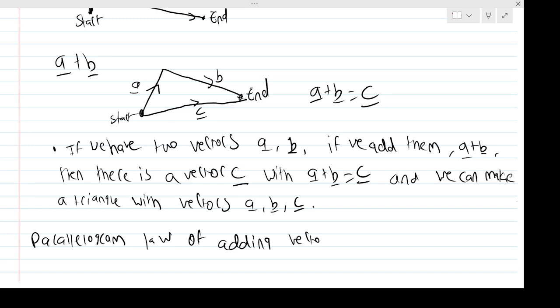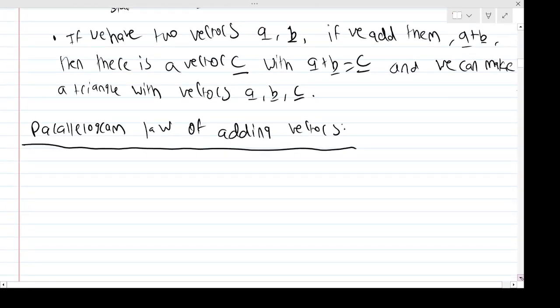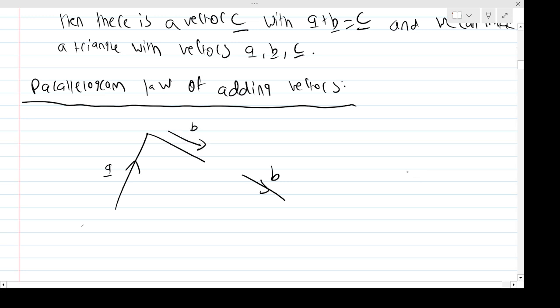You can probably guess that with the triangle law we made a triangle. Now with the parallelogram, we're going to make a parallelogram out of vectors. So again, we're going to consider two vectors A and B. With this law, if we have a vector A again, and then a vector B there, instead of just adding B after A, going A and then B that way to get the triangle, we're going to find their total in a different way.